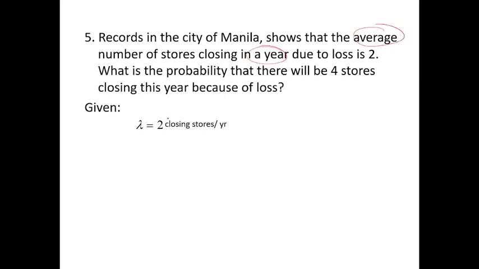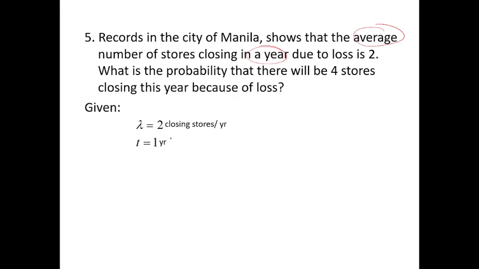So that is the average per unit measurement, lambda. So we have now t equals 1 year. This is our measurement, which is a time interval, 1 year.